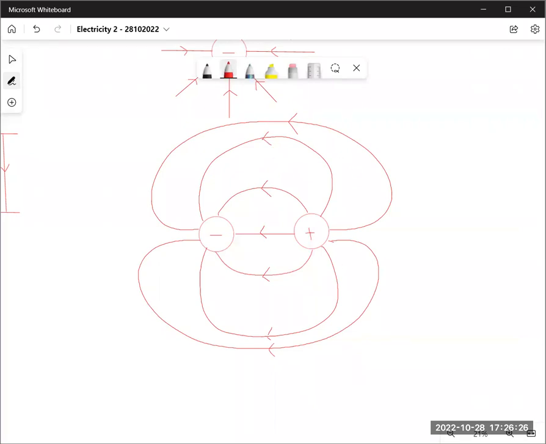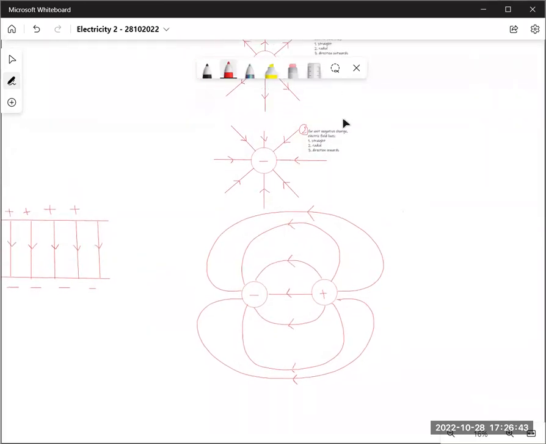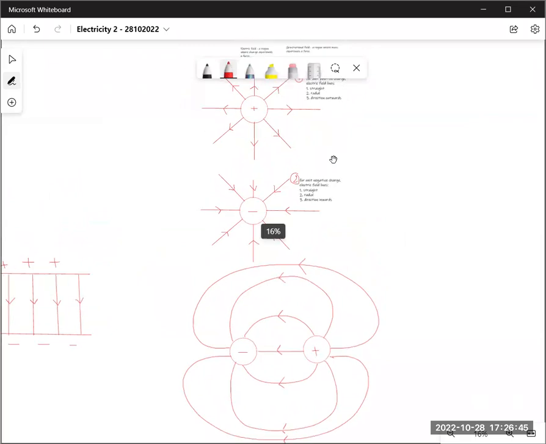It's always going positive to negative. Anyone, any questions? Najla, Safa? No, no, sir. Sir, I just want to take a screenshot and then I'll write it afterwards. Okay.